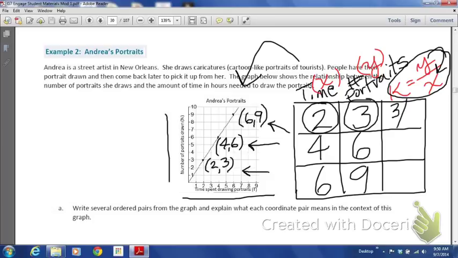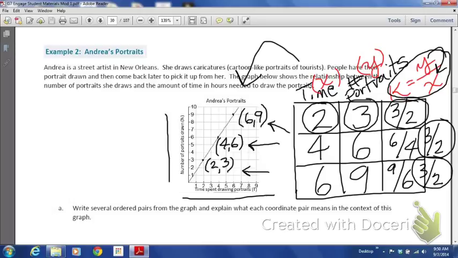We'd have 3 over 2, we'd have 6 over 4, we'd have 9 over 6, and with our sharp eye towards proportionality and our knowledge of fractions, we know that both of these, 6 over 4 and 9 over 6, are reduced down to 3 over 2, so we have our constant of proportionality as 3 over 2.